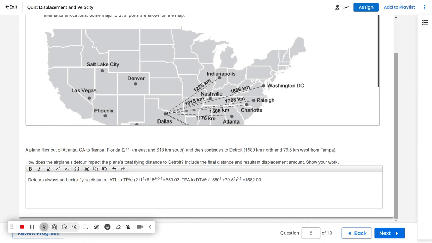So right here, I have the distances for each leg, from ATL to TPA to DTW.